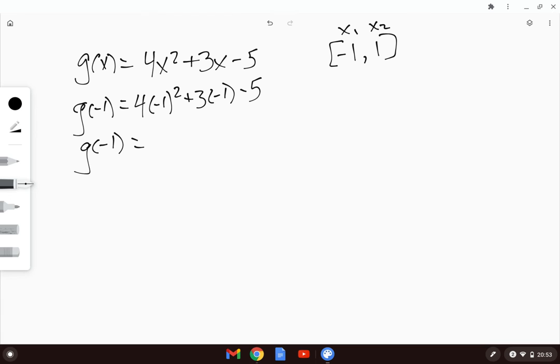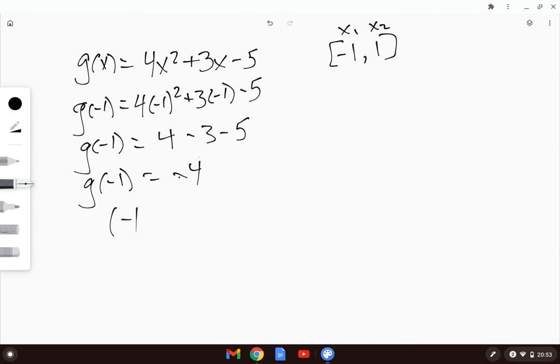So -1 squared is 1 times 4 is 4, minus 3 minus 5. Oh, excuse me, that should be a 4, or -4.